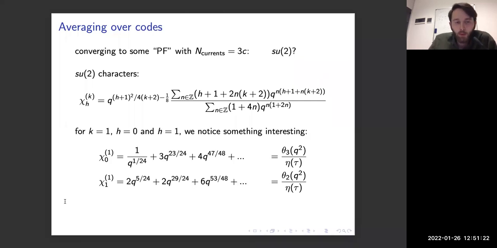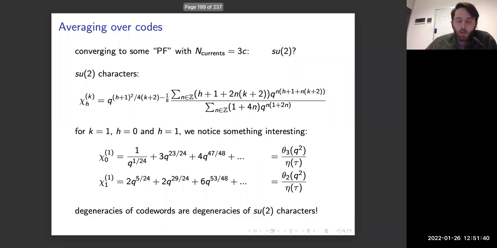And actually for k equals 1, you find something really interesting, which is that there are only 2 non-zero characters, and they're actually related to theta 3 and theta 2, which we had before. So what this means is that the degeneracies of code words actually are degeneracies of SU2 characters. If I had known this sooner, then I would have put this probably at the beginning of my talk.